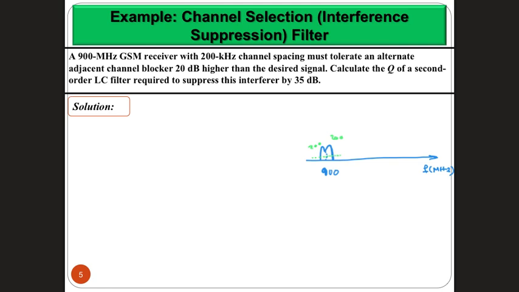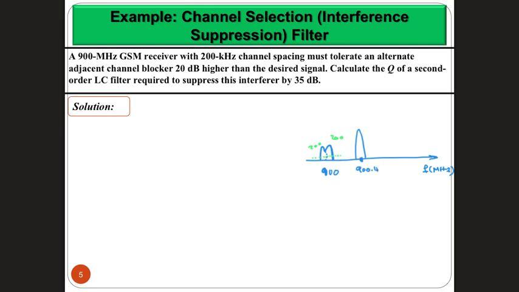Similarly, for the next signal, the same thing has to happen, which means simply that the next adjacent channel within this communication band is going to be centered around double that 200 distance. So it's going to be 900.4, right?